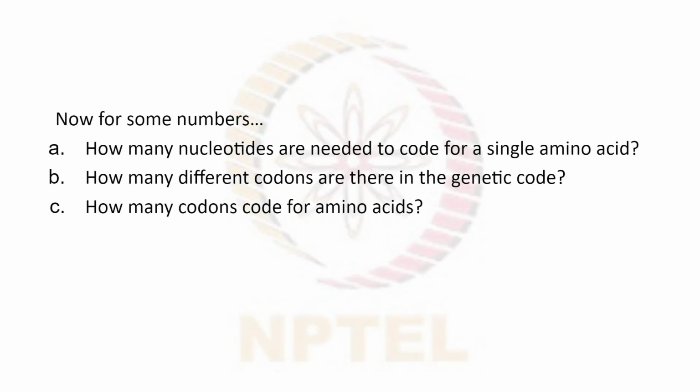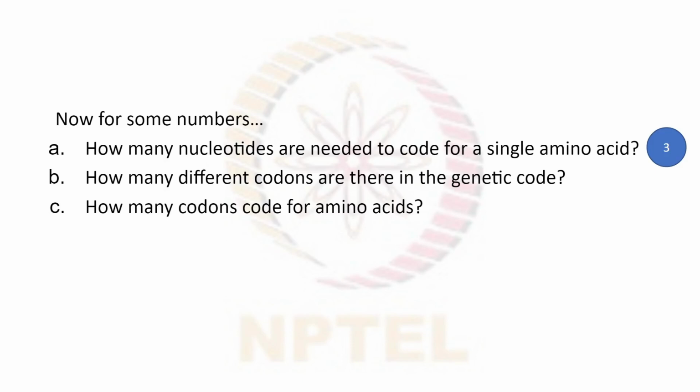Now here are some more numbers. How many nucleotides are needed to code for a single amino acid? This is from the codon table. A combination of 3 nucleotides codes for a single amino acid, that is a codon.